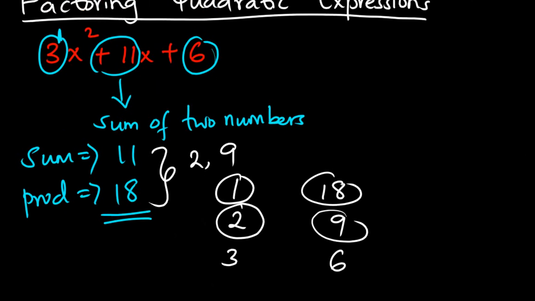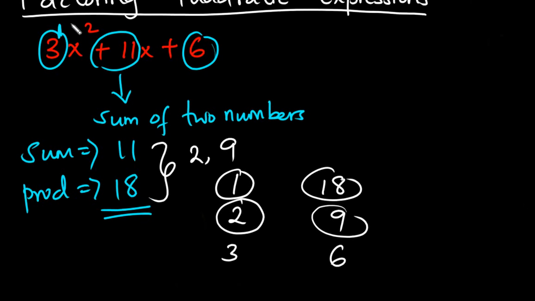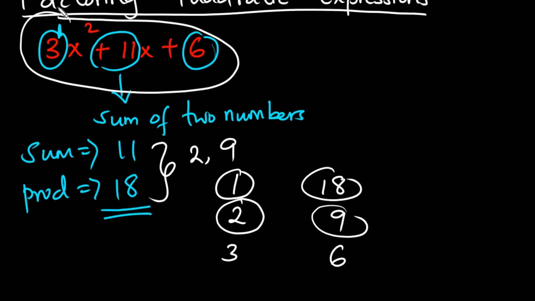Then we are going to factor this expression by grouping. What do I mean by grouping? Before we go there, we are going to rewrite this middle term, 11x, in terms of 2 and 9.